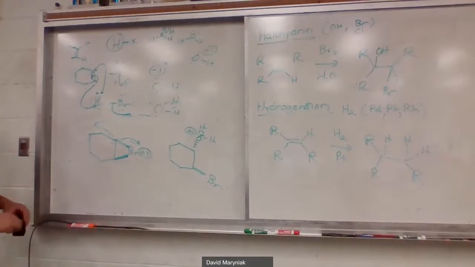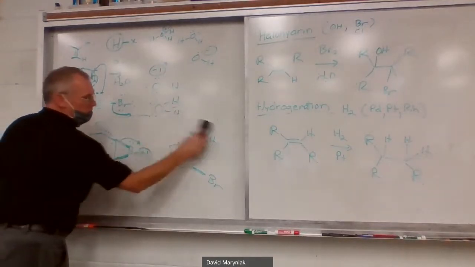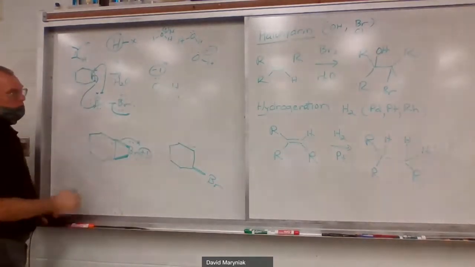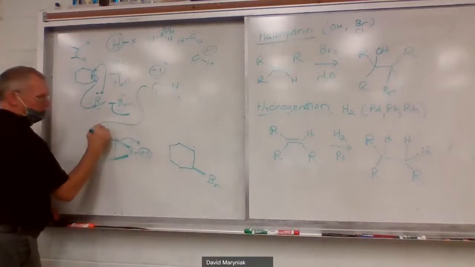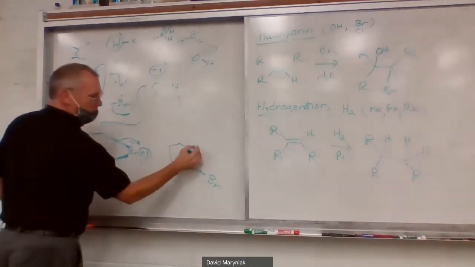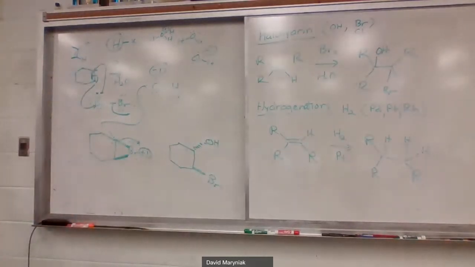And if you'd rather use not water, but hydroxide as your nucleophile, then you could just use that, again, backside attack, and then would you get your OH directly? So far, so good with that.